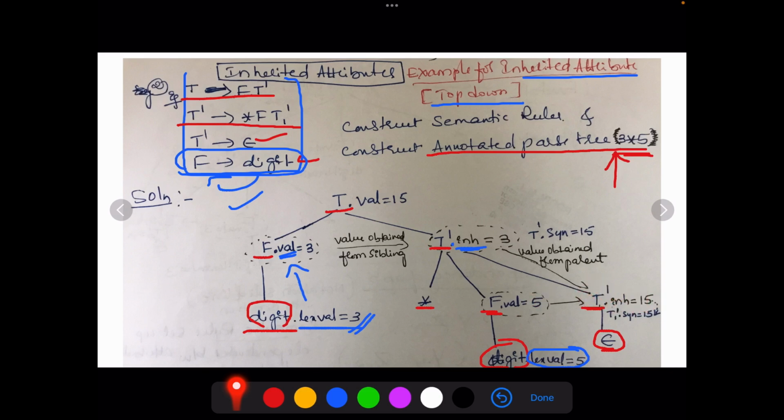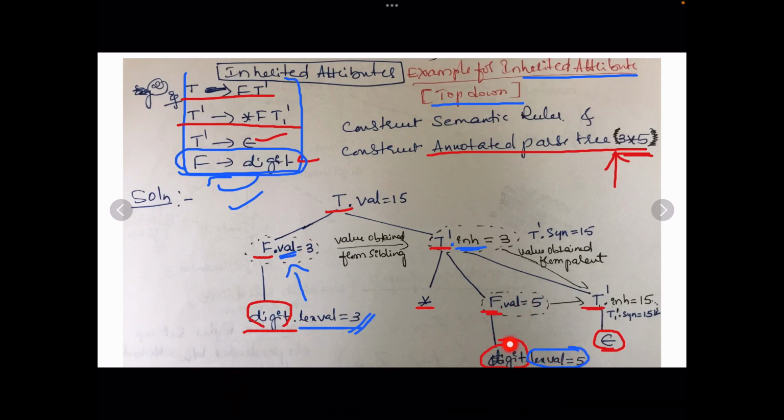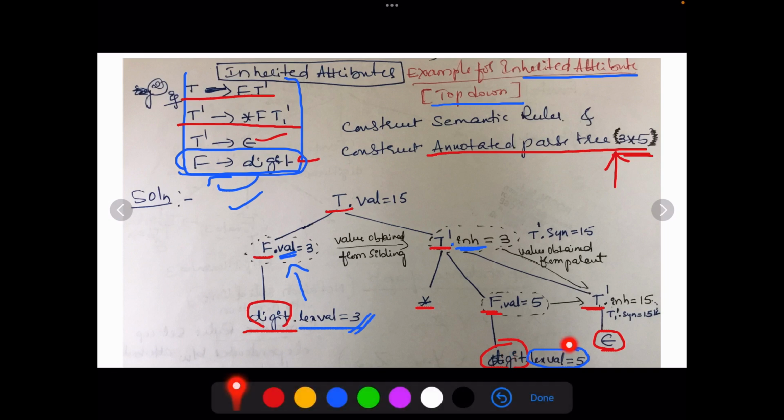So this node is borrowing one value from the parent and one value from the sibling. Therefore it is again inherited, so T'.inh is 15. How did we obtain this 5 value? It's the same as this procedure. We obtain its value from the child, that is 5. It is a synthesized value, so we call it .val.